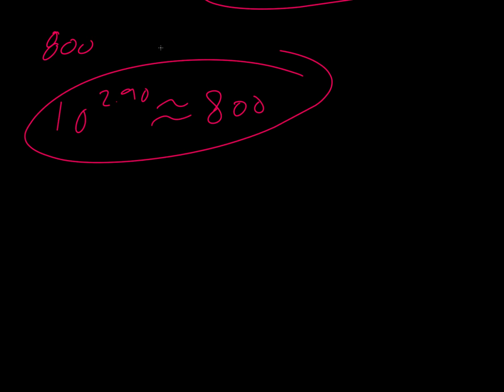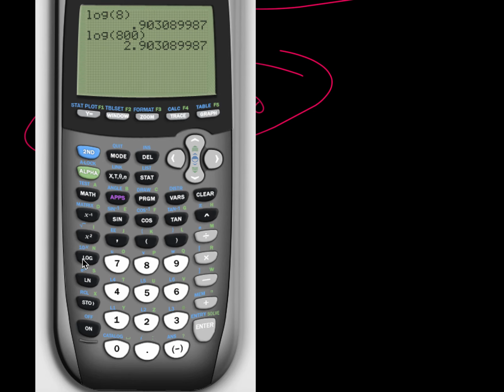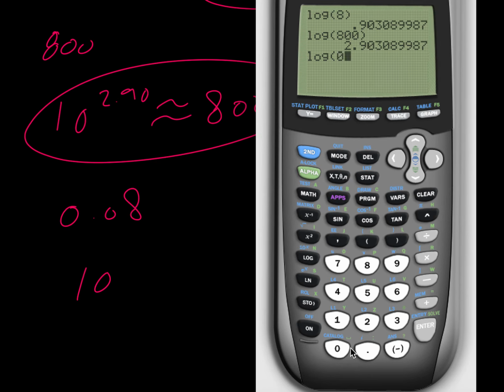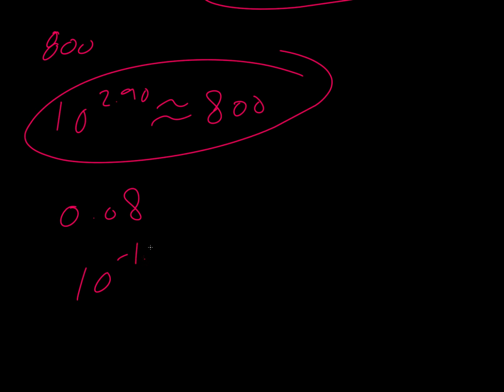Okay, now we have 0.08. We're going to do 10 raised to the log of that. So we just say log 0.08, we get negative 1.10, and that is approximately 0.08.